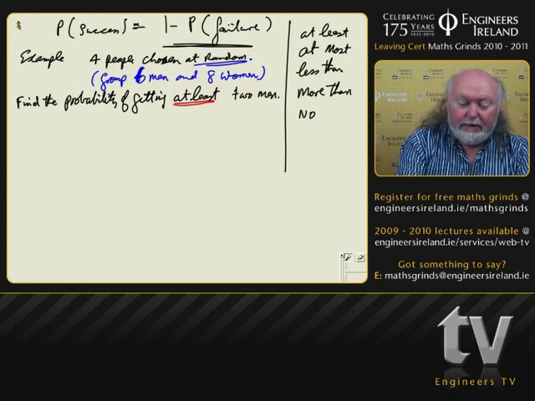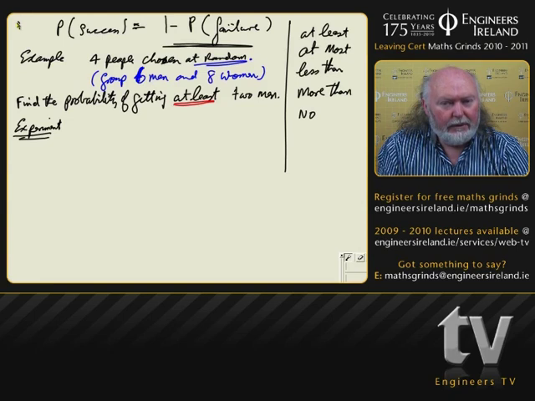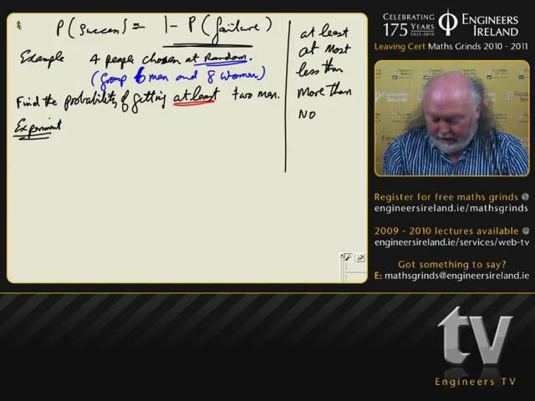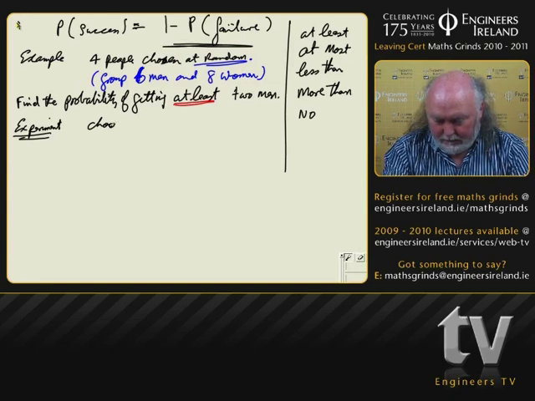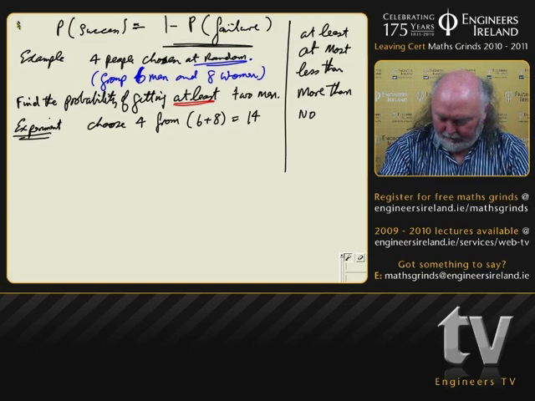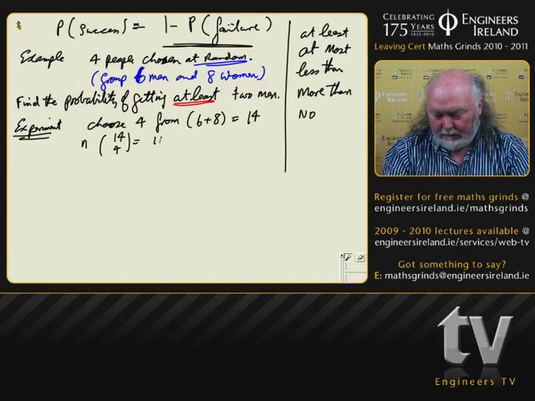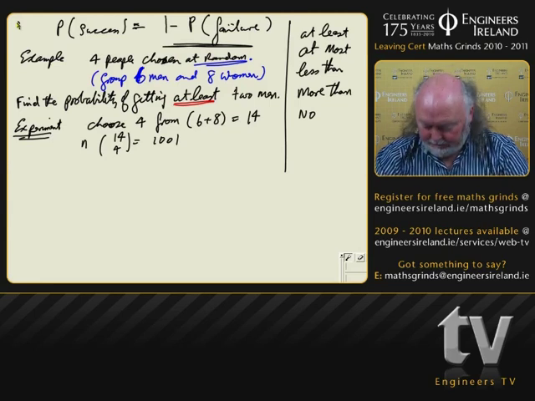First thing we do in our experiment, we just look at choosing, without any sort of restriction whatsoever, 4 people from the total group of 6 plus 8. So we're saying choose, that is 14 choose 4. 1001 possibilities of choosing 4 people from 14.